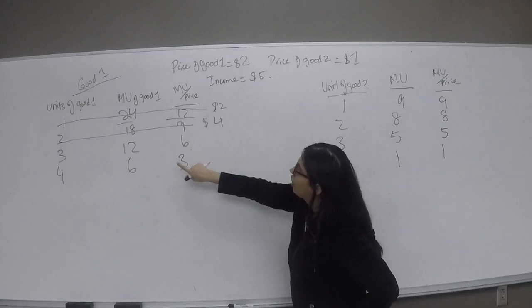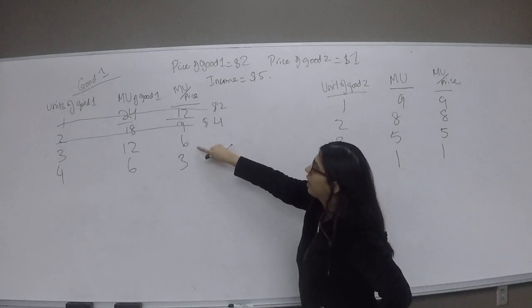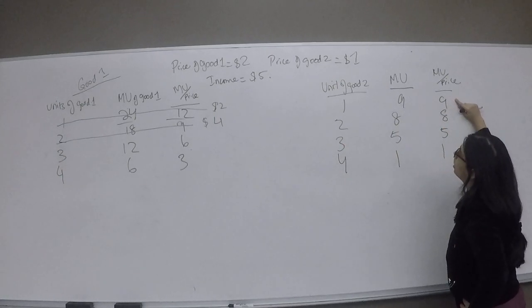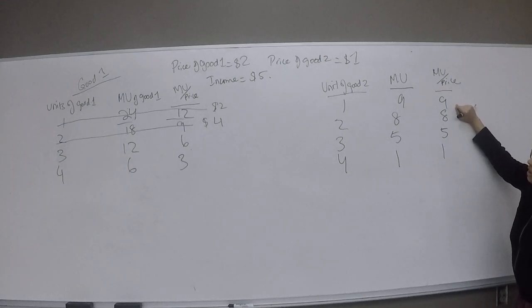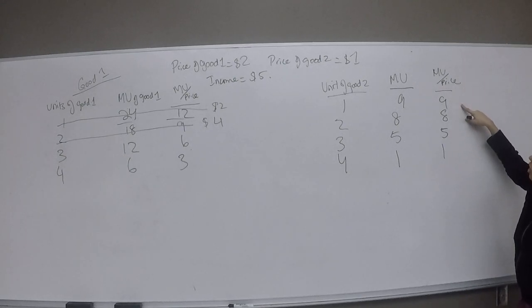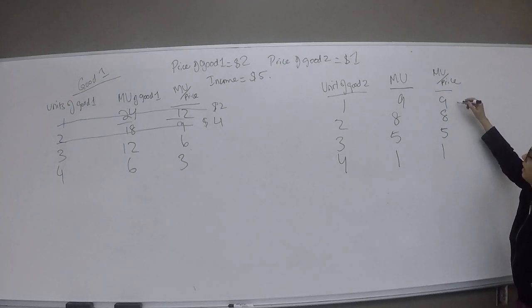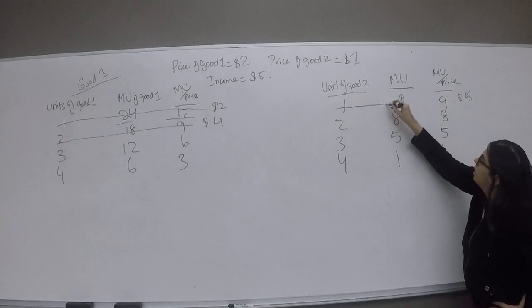Now, for the rest of the money, are you going to get good one again, or good two? Good two, because the marginal utility per dollar is greater, and you only have $1 left.